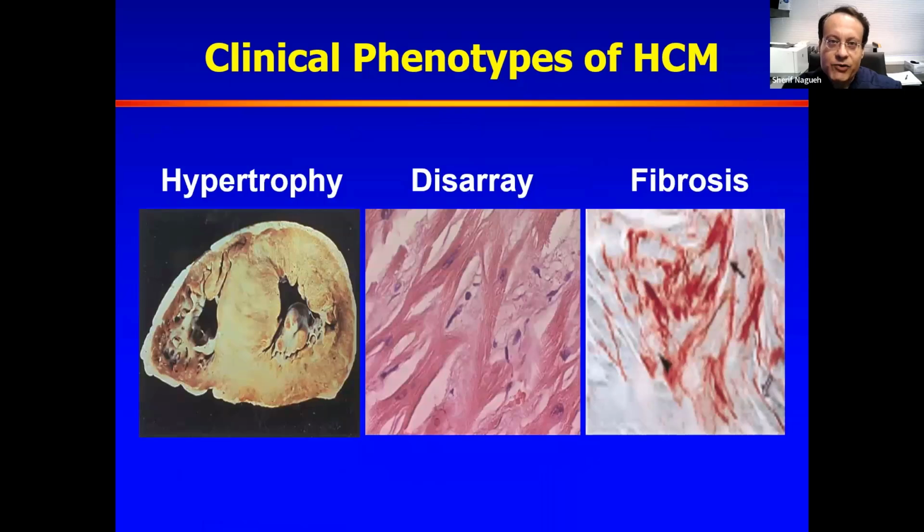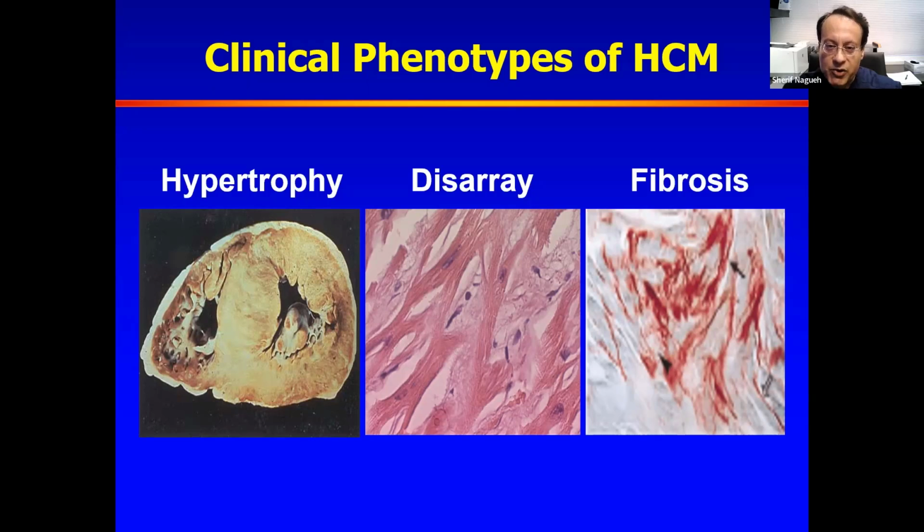We all recognize the phenotypes of hypertrophic cardiomyopathy by histopathology, so to speak. Part of it is hypertrophy that you can see on a gross anatomic specimen, as you notice here, in addition to myocyte hypertrophy with disarray, as you see in the middle panel, and fibrosis. The fibrosis can be both interstitial fibrosis as well as replacement fibrosis for the lost myocytes.